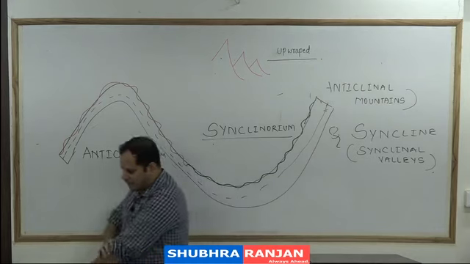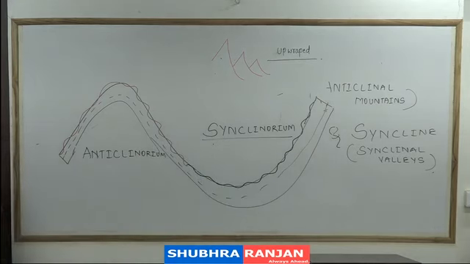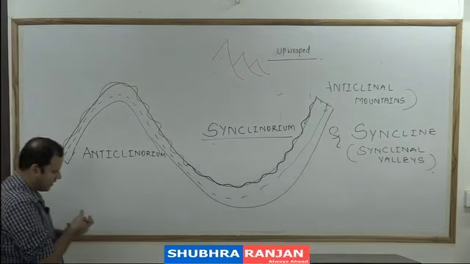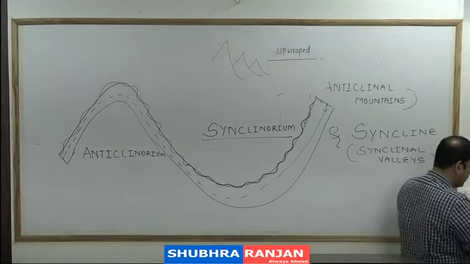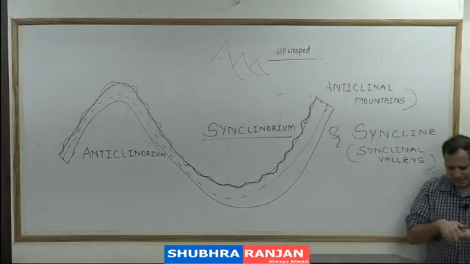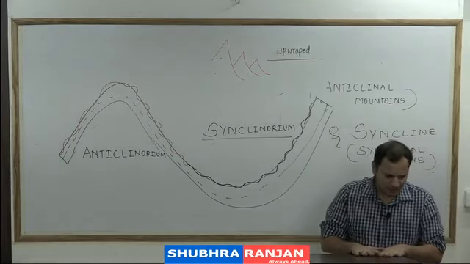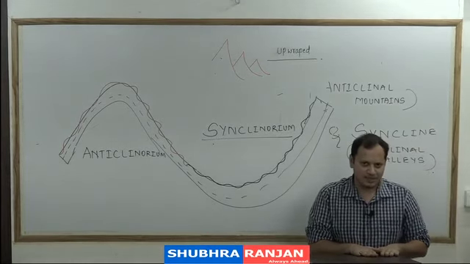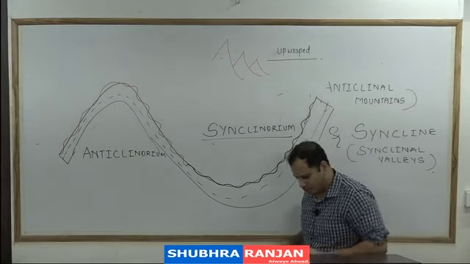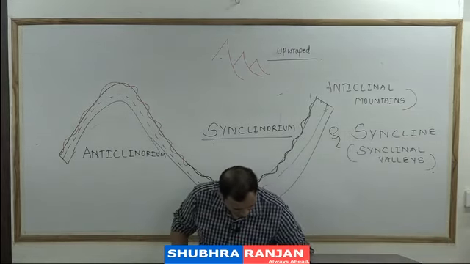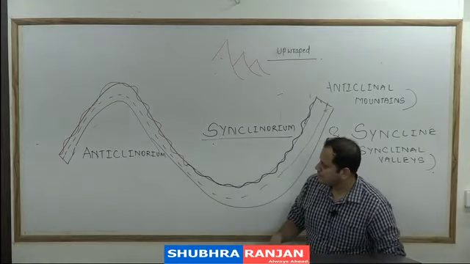On the other hand, if on a single syncline there is more than one anticline and syncline, it is known as synclinorium.